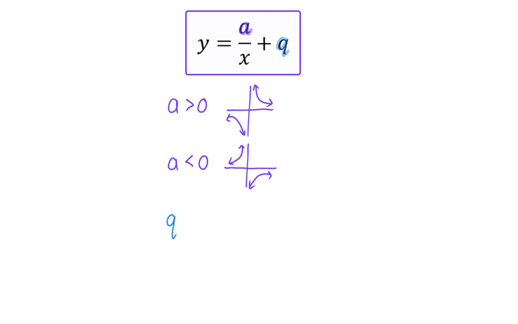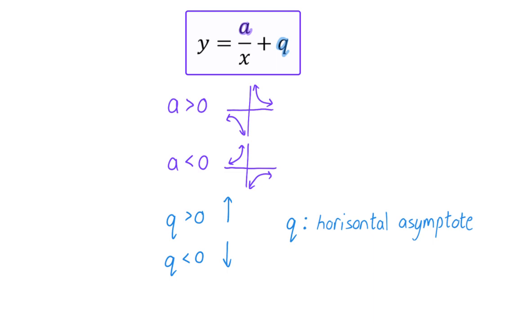And then a positive q value moves the graph upwards, while a negative q value moves the graph down. This q value also indicates the horizontal asymptote, which will always be at y is equal to this q value. Remember that a hyperbola also has two asymptotes. The first one is at x is equal to 0, and the second one will be at y is equal to q.